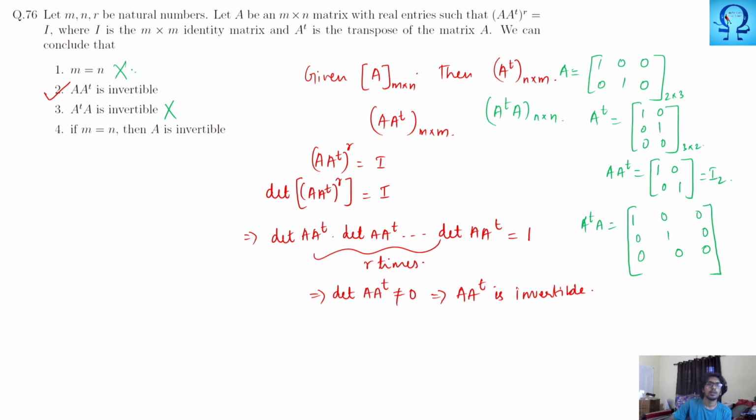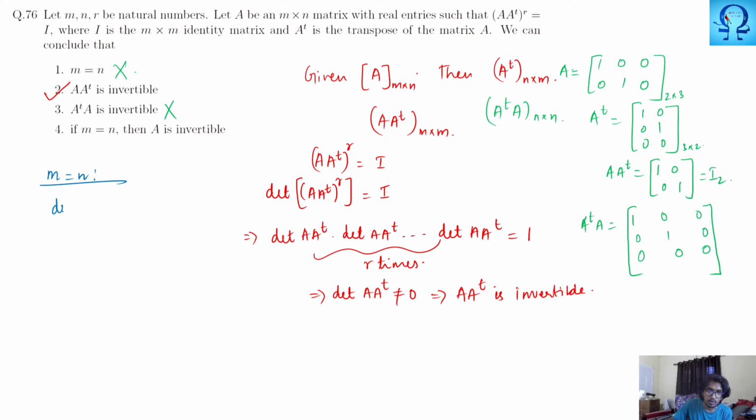Yeah, good. Now, what am I going to check? If m equals n, this is assumed, with which we'll have to claim A is invertible.